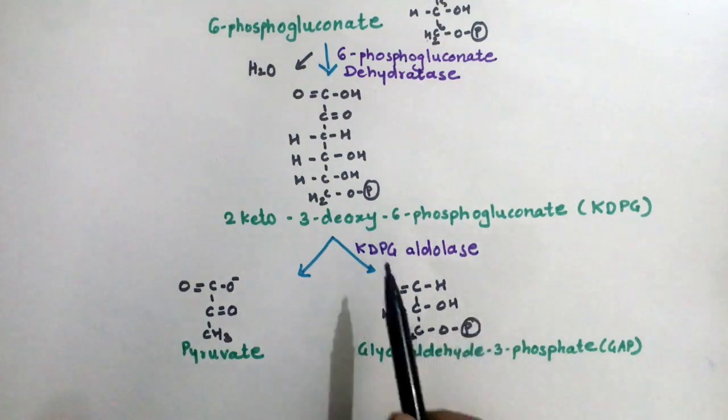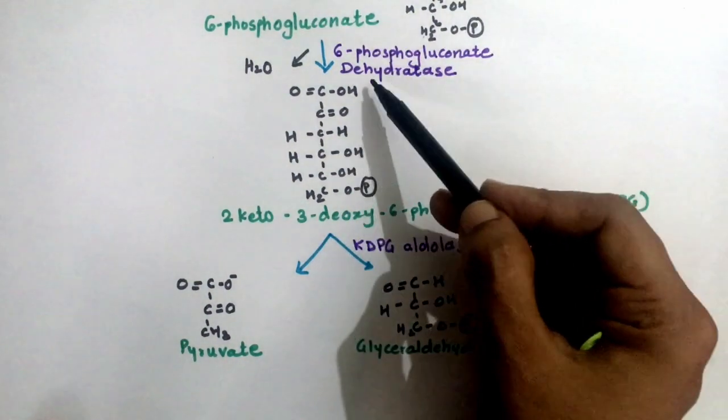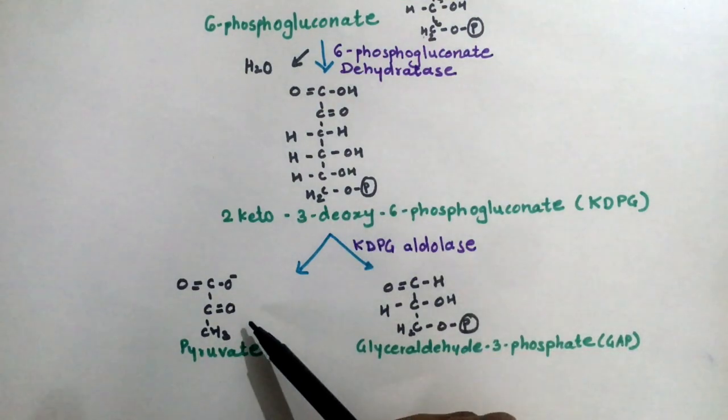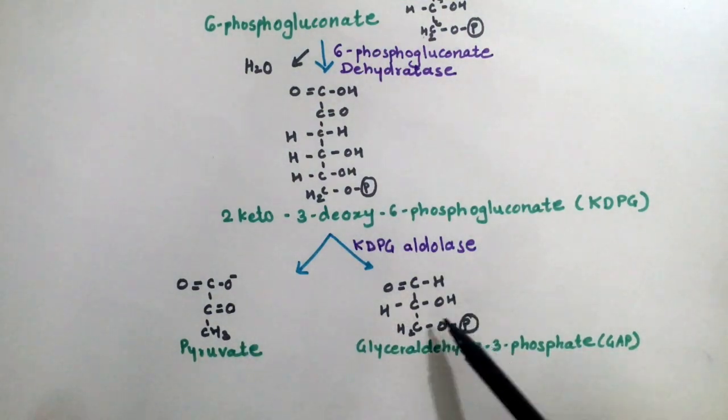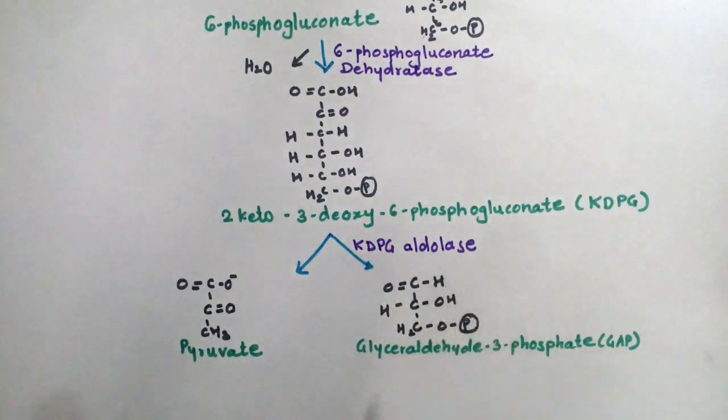Okay, so this reaction of breaking down of this 6-carbon compound to a 3-carbon compound and a 3-carbon compound will take place with the help of KDPG aldolase.